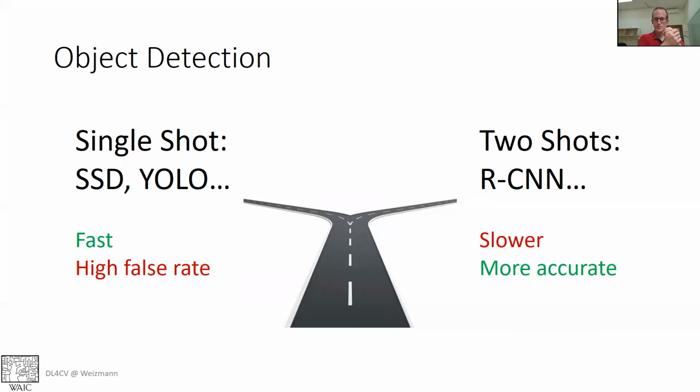Yes, so this is basically the classification of the bounding boxes. But what it means is that they are not very accurate. They will predict objects in the background and things like that. And if you really care about it, you will go with this.